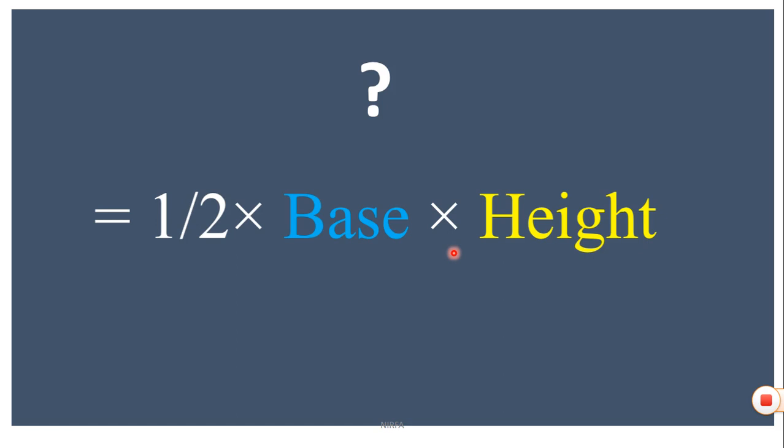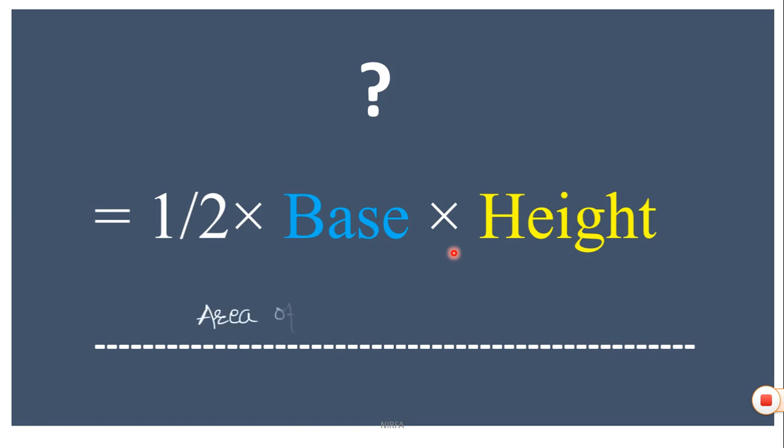This is a formula, and do you know what this formula calculates? You have to write which thing this formula will calculate. And I guess you have given the right answer. Yes, this formula calculates the area of a triangle.